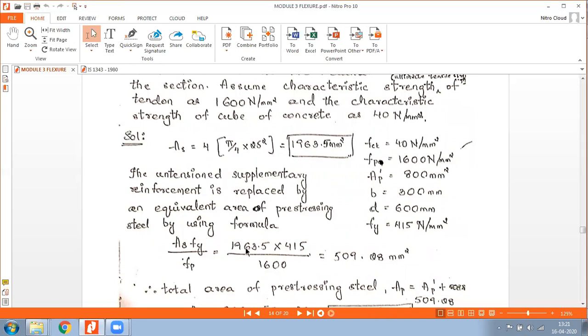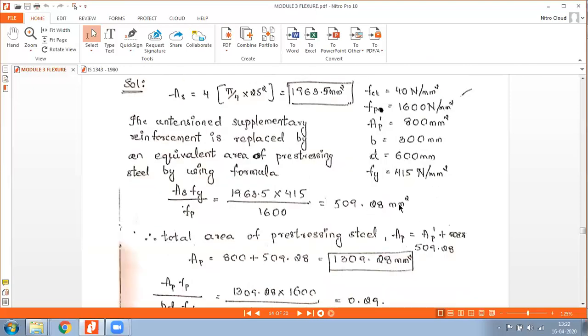As is area of the steel, what you have calculated here, 1963.5 into Fy, HYSD bars, its ultimate strength will be 415, divided by Fp, 1600. On simplification, we get it as 509.28 mm².